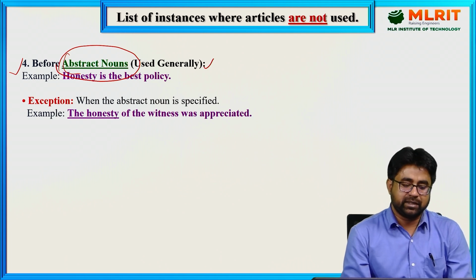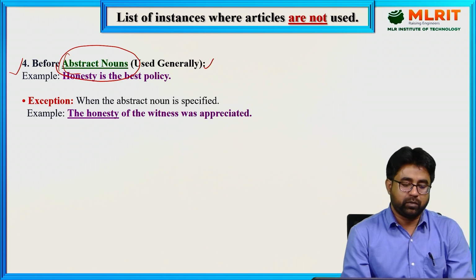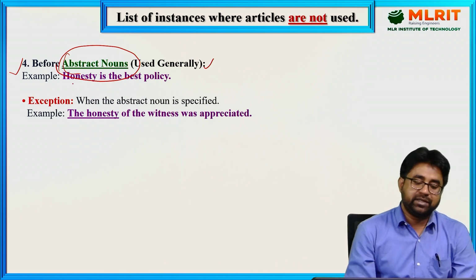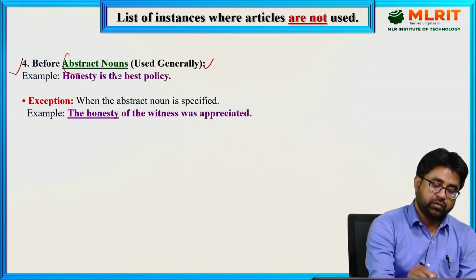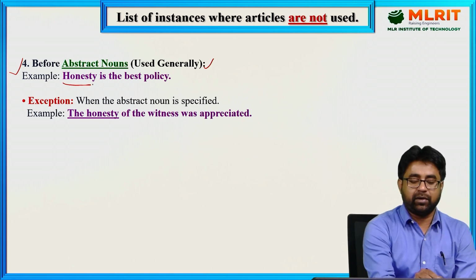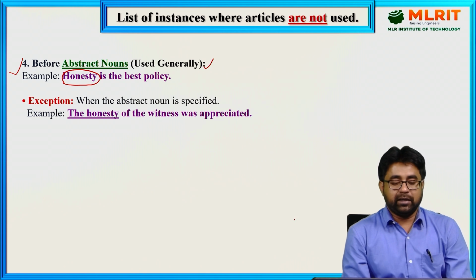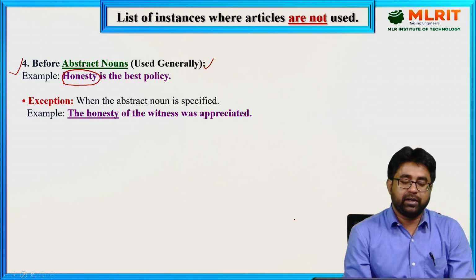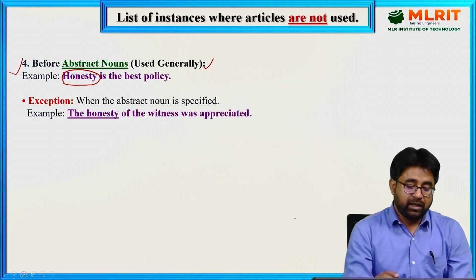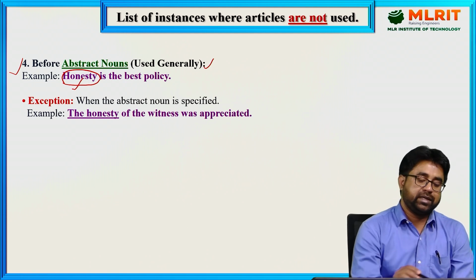It's something that is not a concrete thing. It's about ideas. It's about feelings, right? So you can see, honesty is the best policy. Could you identify the abstract noun in the sentence? It's very easy. Honesty. This is the abstract noun, right? It's not a thing. You cannot see it or touch it. It's about an idea. It's about a concept also, you can say. So that's why it's an abstract noun.